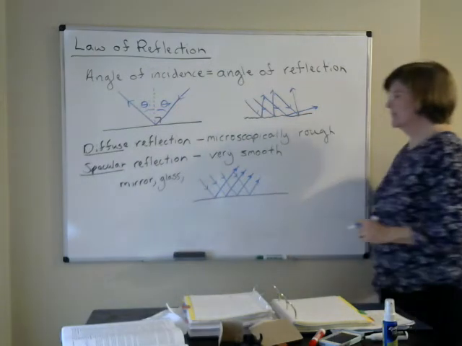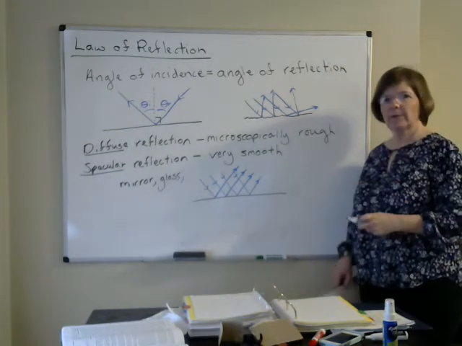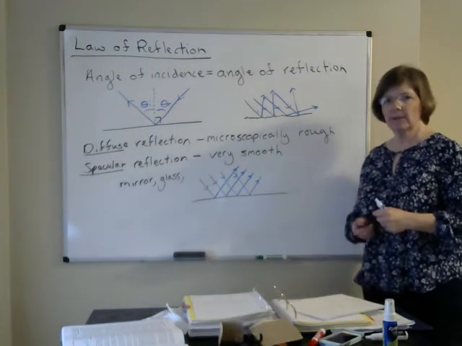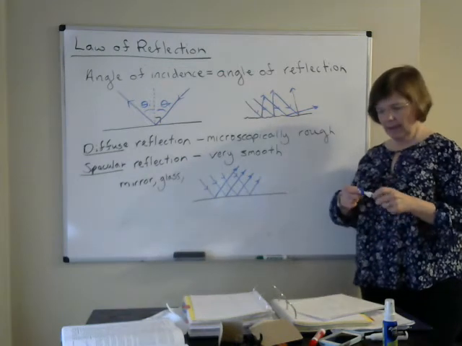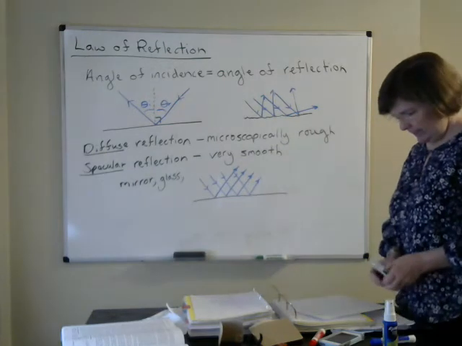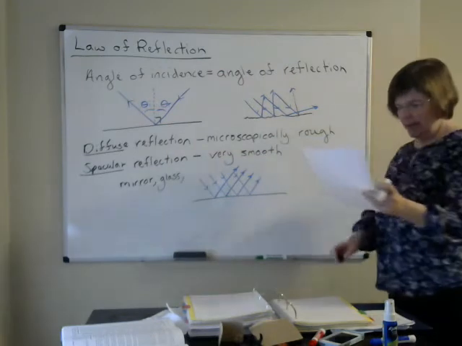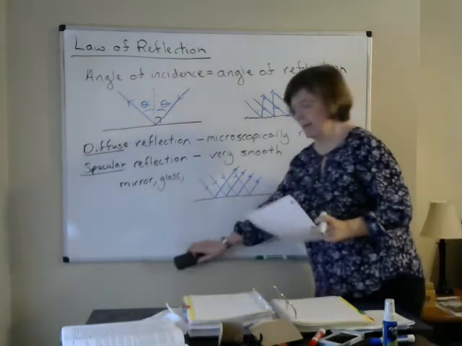And it's this very sharp, predictable reflection that allows images to form. When we look at mirrors in a little bit, we'll look at how different types of mirrors and lenses can form images. For right this minute, that's going to take care of reflection. We're going to come back to it though.